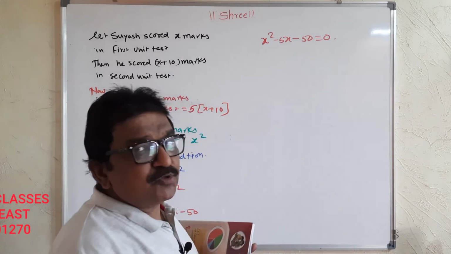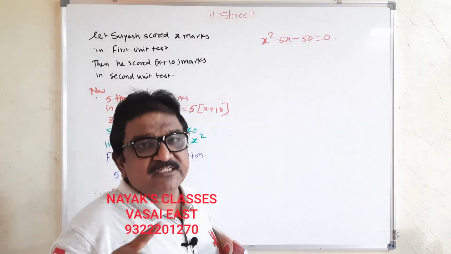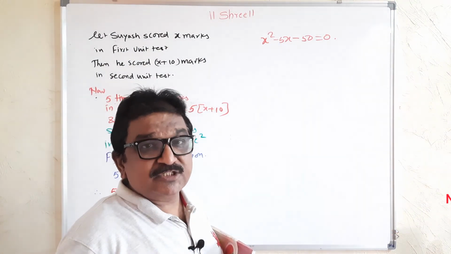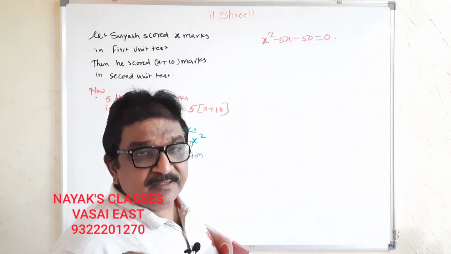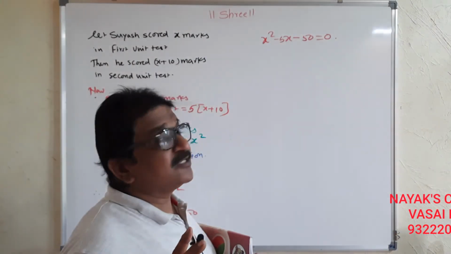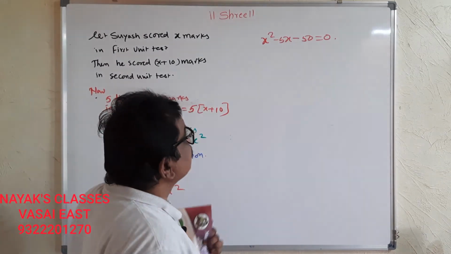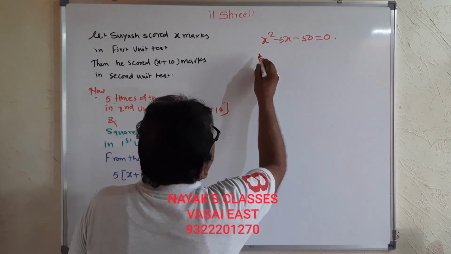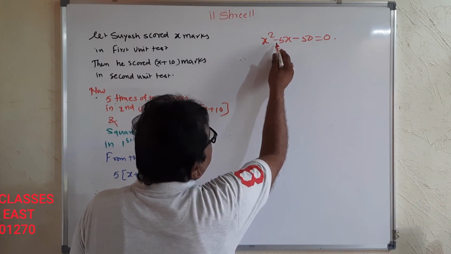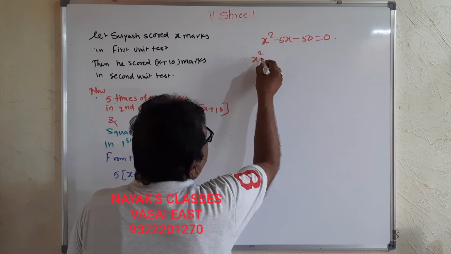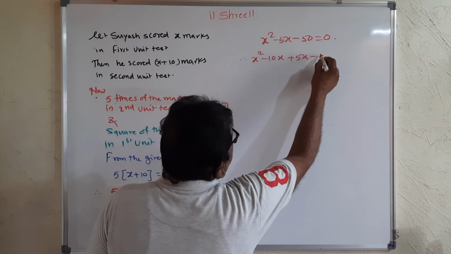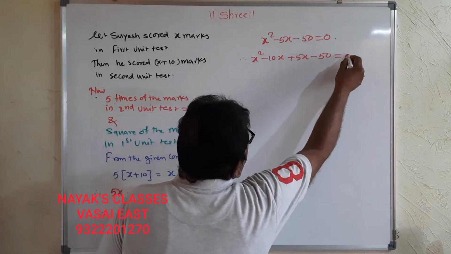Now we need two numbers in such a fashion that their product must be minus 50 and sum must be minus 5. So those numbers are 10 and 5, and the greater number should be negative. x square minus 10x plus 5x minus 50 is equal to 0.